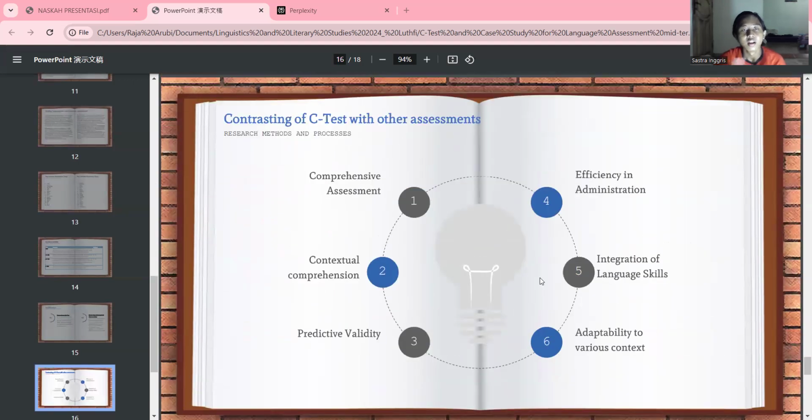Okay. The last is contrasting the C-test with other assessments. C-test is a comprehensive assessment. What does that actually mean? C-test is recommended to measure language proficiency better than the clause test and multiple choice.